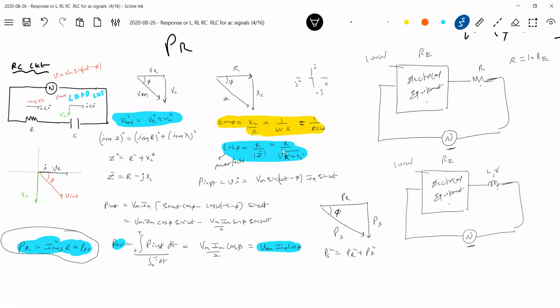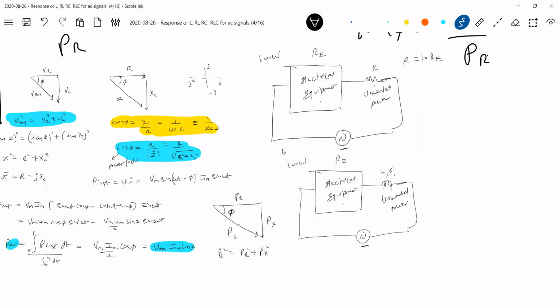So the inductor will also have some resistance. In turn, the inductor will also consume some power. So there's also unwanted power here. Instead of this, let me go for a capacitor.